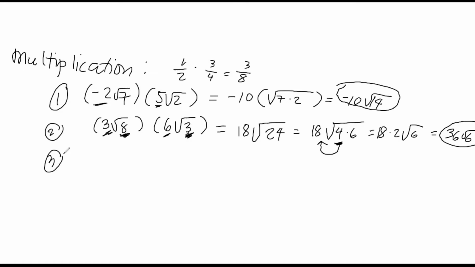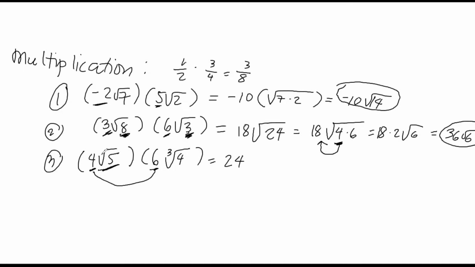So for example, we have 4 square root of 5, and then 6 cube root of 4. So we can multiply these coefficients. 4 times 6 is 24. However, we cannot multiply the radicals.